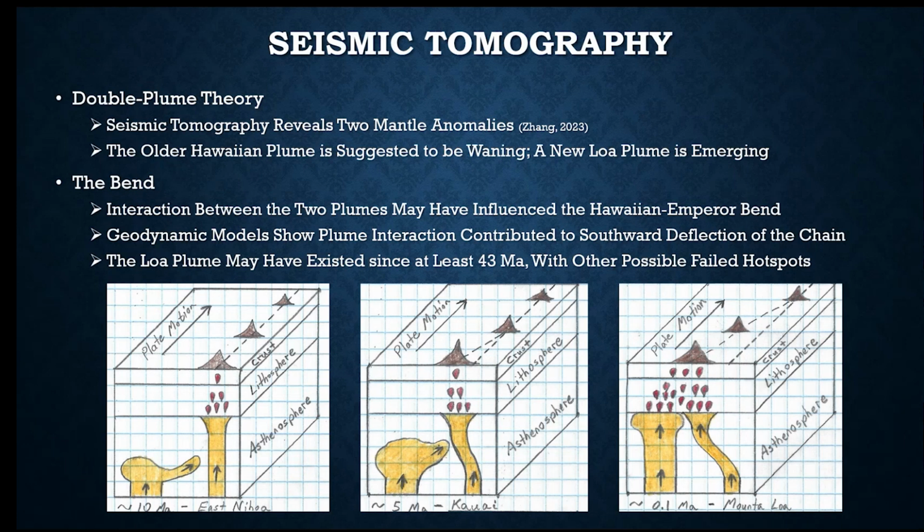The second picture shows that as it gets larger and rises higher up towards the lithosphere, it starts pulling the older plume towards it, which then starts sidetracking the volcanic chain on top of the crust, even though the plate motion might be consistent.